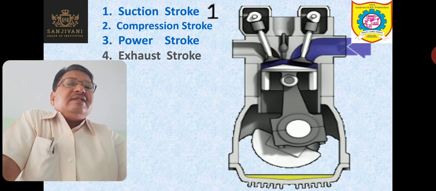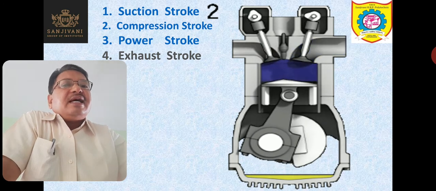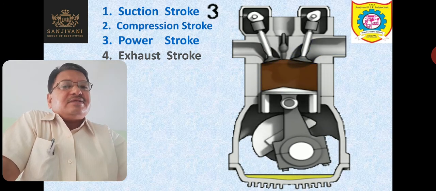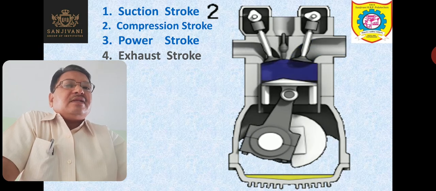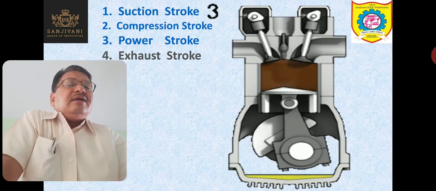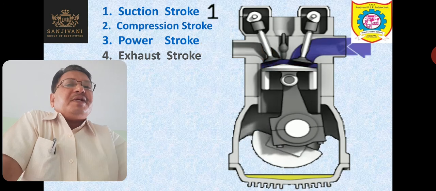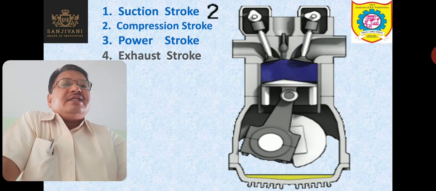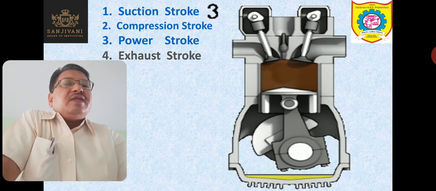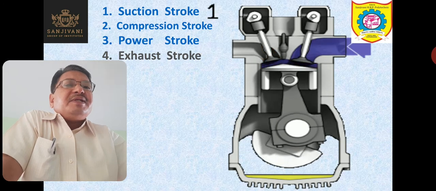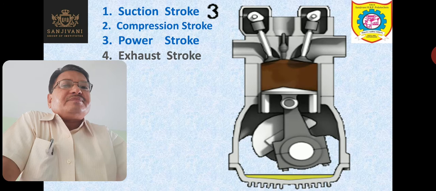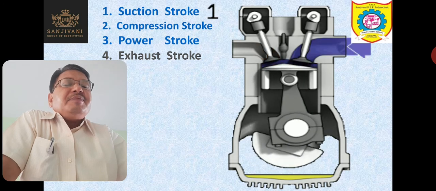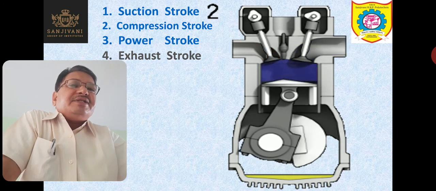And this fresh charge is ignited by the spark plug. Due to the ignition, there is an explosion, right? A lot of force, a lot of pressure is created. The pressure increases tremendously, so force is exerted on the piston and the piston is pushed in the downward direction.